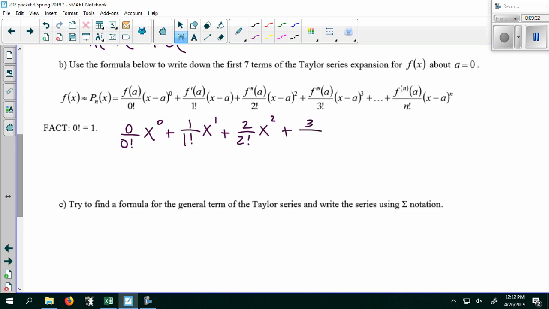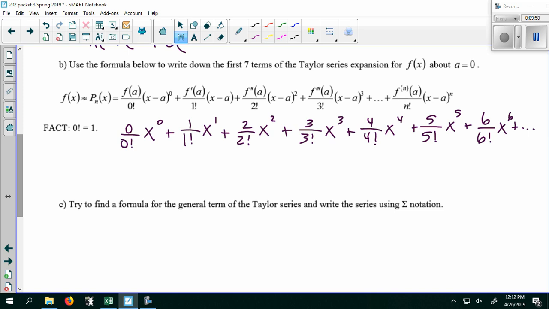F triple prime is 3. The fourth derivative is 4. And the fifth derivative is 5. Okay. So we've written down 7 terms.